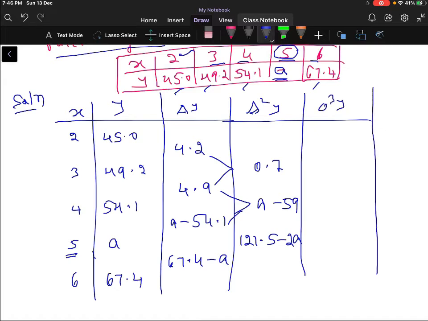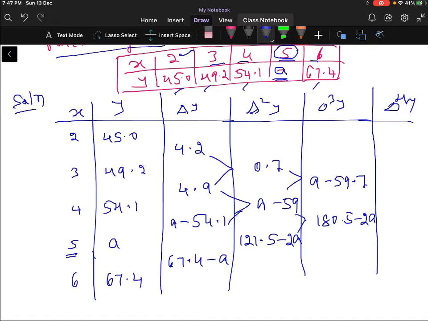Now let us move to third forward differences. a minus 59 minus 0.7 is a minus 59.7. 121.5 minus 2a minus a plus 59, so that is 180.5 minus 2a.